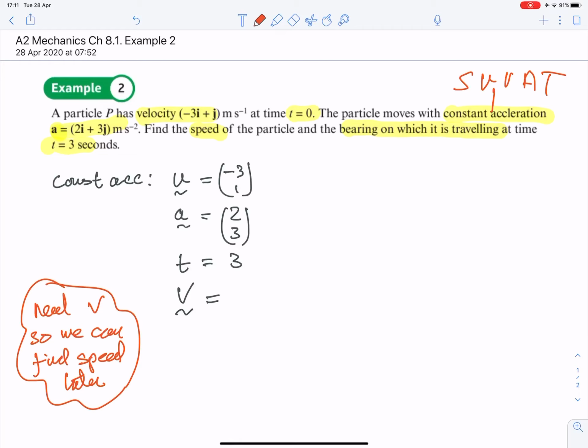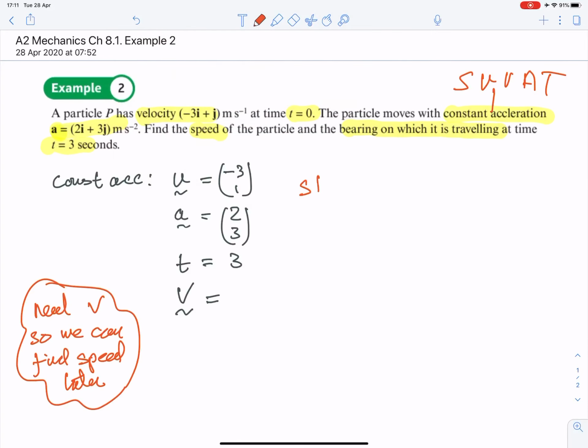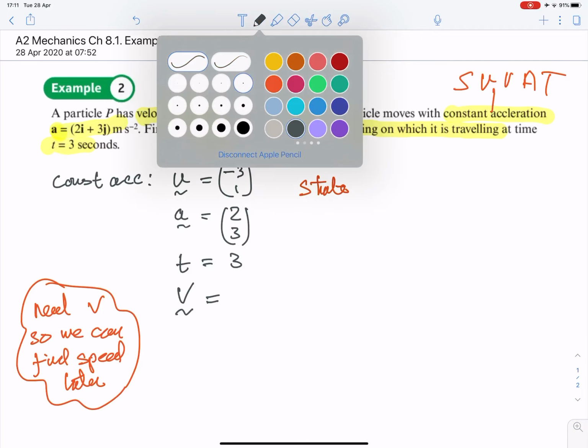Okay, so all we've got to do now is think, what equation do we know which contains v, u, a and t? Well, hopefully you remember that from when we were doing the projectiles.